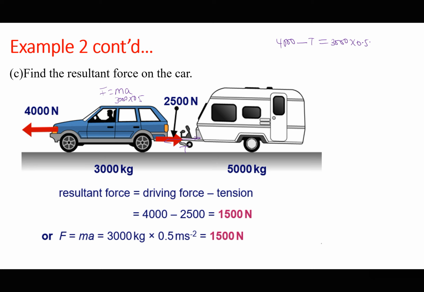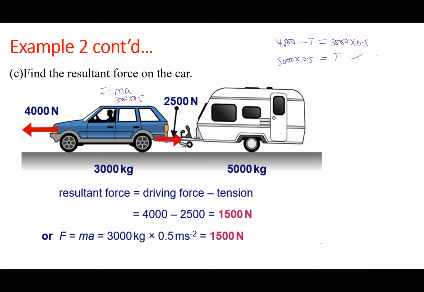Then for the caravan alone, the resultant force is 5,000 times the acceleration, 0.5, which should be equal to the tension, because the only force acting on the caravan is the tension. The driving force is attached to the car, even though it is pulling the whole system.